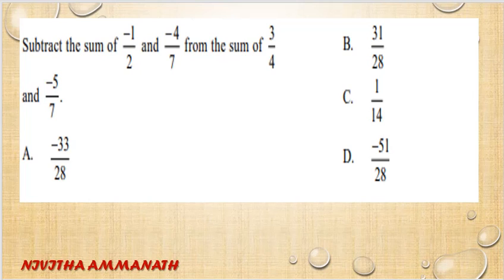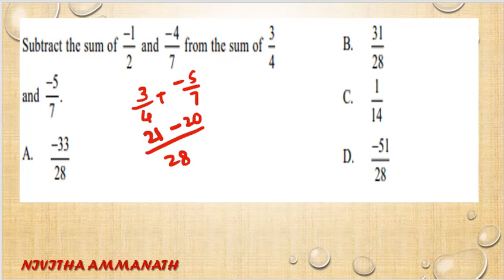So, 3 by 4 plus minus 5 by 7. How we do this? LCM is 28. So we have to multiply this by 7, that is 21, then minus 20, that is 1 by 28.